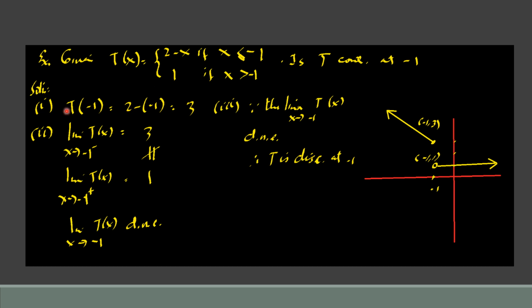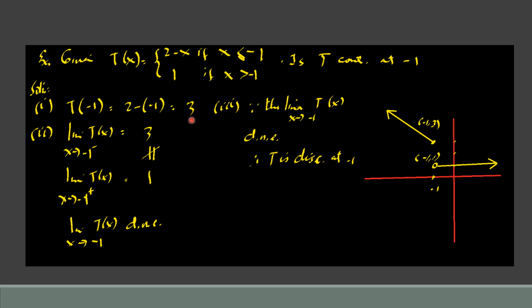So the function value, t of negative 1: negative 1 is contained in the interval x less than or equal to negative 1. So to find the function value when x is negative 1, we substitute negative 1 to x in 2 minus x, and that gives us 3.